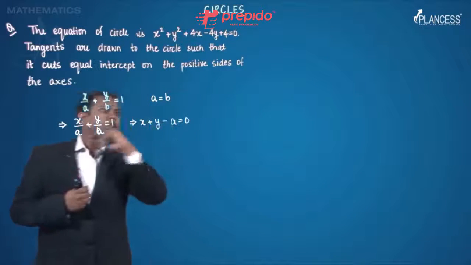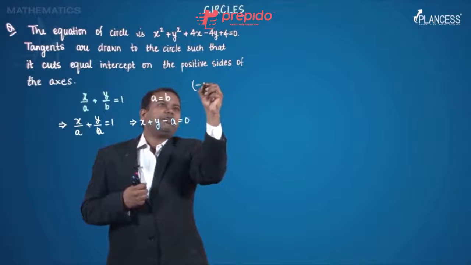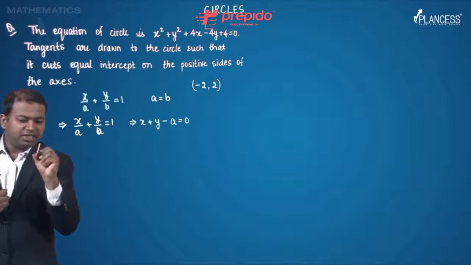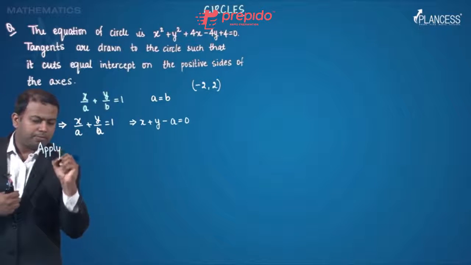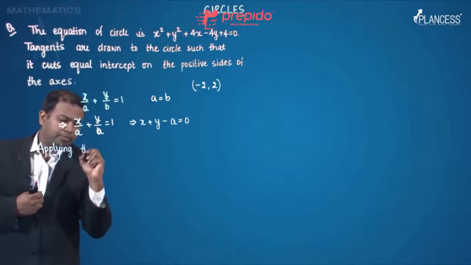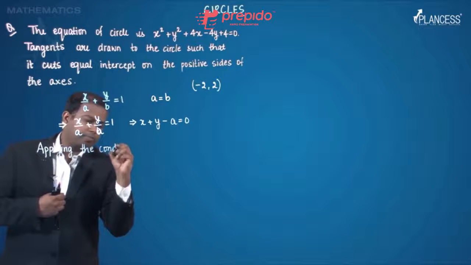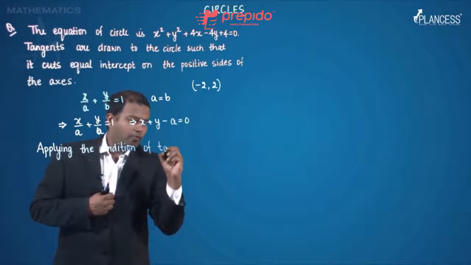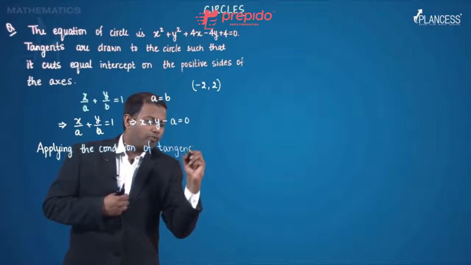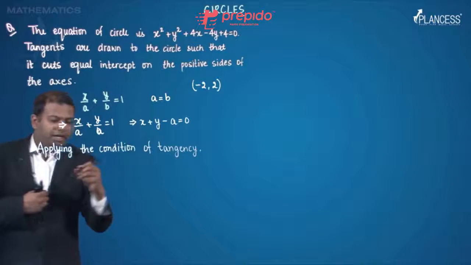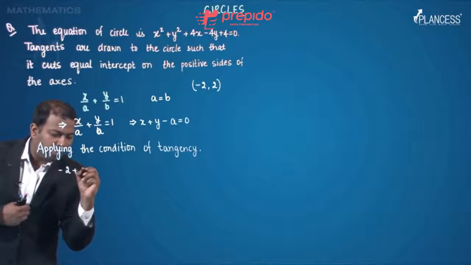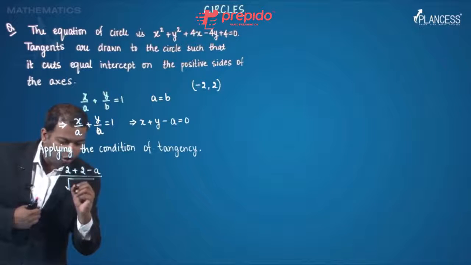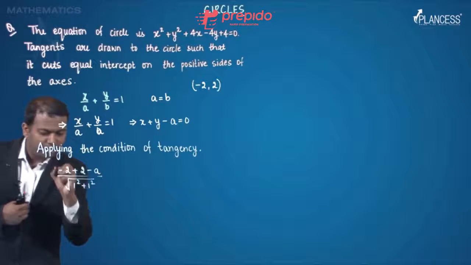So for this circle, clearly the center is minus 2 comma 2, and hence if we apply the condition of tangency, what we have is modulus of minus 2 plus 2 minus a divided by under root 1 square plus 1 square.